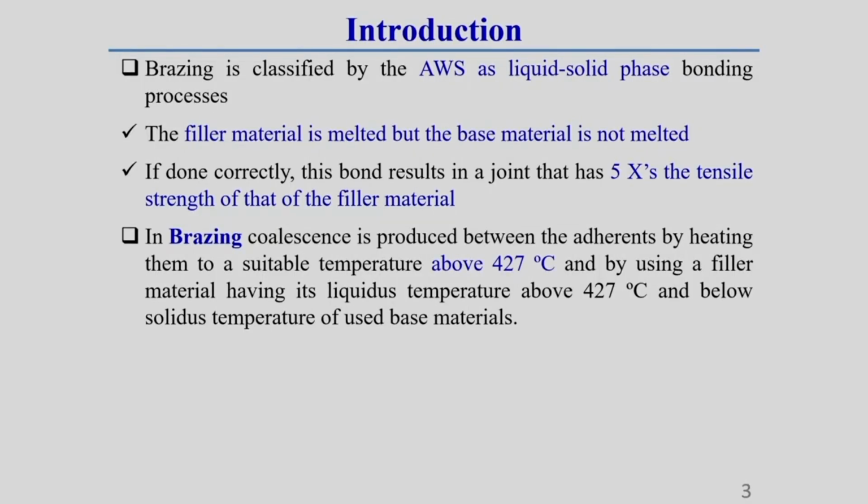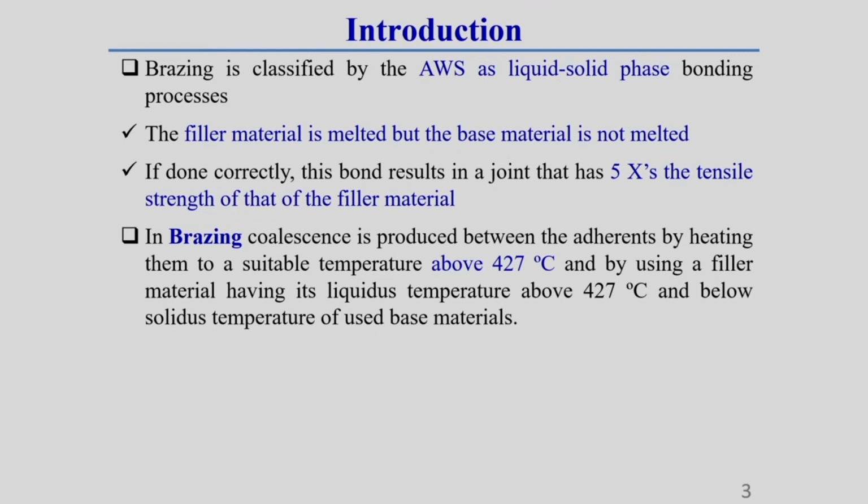Now, we will define what the brazing process is. In brazing, coalescence is produced between the adherents by heating them to a suitable temperature, which is generally above 427 degrees centigrade. Last class we discussed the soldering process, where the temperature does not go beyond 427 degrees centigrade.